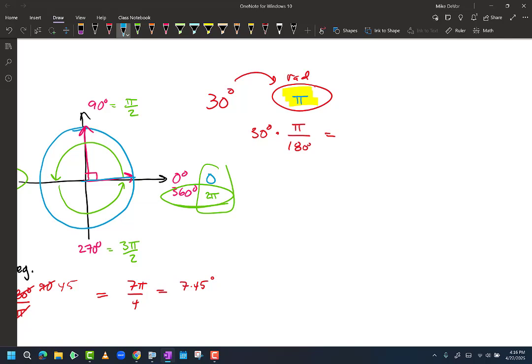So we just flip that pi and that 180, and this is going to cancel. That's going to be 6, so I'm going to have pi over 6 radians. The important thing is this conversion of pi over 180 or 180 over pi.